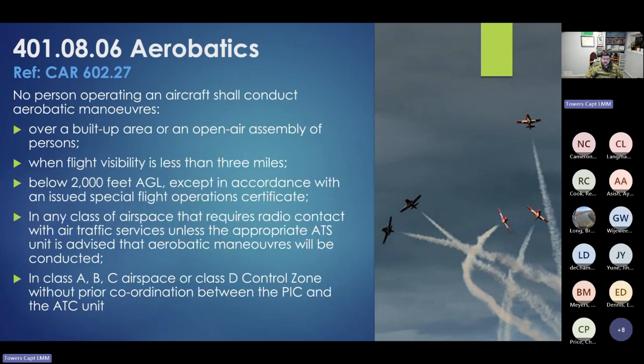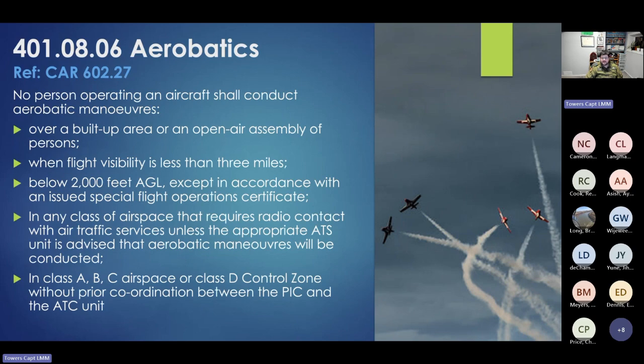When it comes to aerobatics, no person operating an aircraft shall conduct aerobatic maneuvers over a built-up area or an open-air assembly of persons, when flight visibility is less than 3 miles, or anything below 2,000 feet AGL, except in accordance with an issued special flight operations certificate. So the Snowbirds would have one of those.